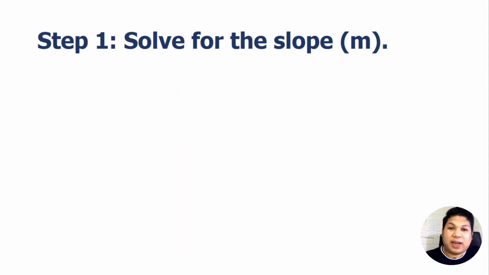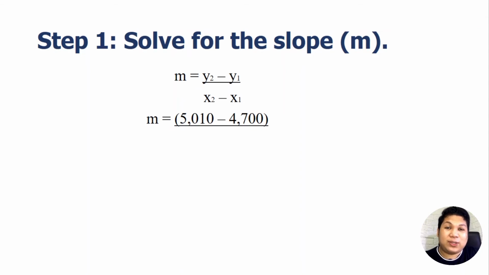So our first step is to solve for the slope, and we're going to use the two pairs that we just identified in our previous slide. In computing the slope, we have m equal to the change in y over the change in x. Y here is the cost, while x is the production level. So m is equal to 5,010 minus 4,700 divided by 1,100 minus 750. These are the x values.